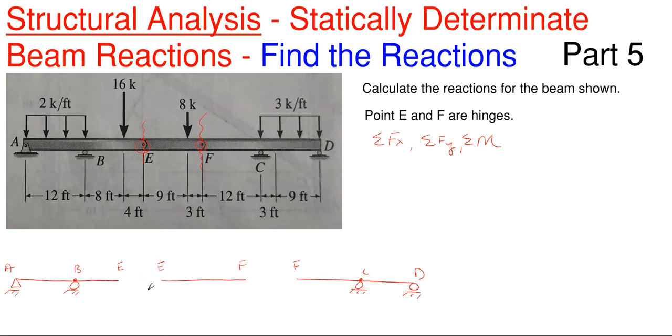The one thing you have to watch out for with a hinge, though, is that since this is the same point on this segment and this segment, the left and the middle, let's say we get a reaction here for our middle segment of 3 kips in the upward direction once we solve for that. Well, this magnitude over here on this side has to match that because it's at the same point. But the arrow direction has to be in the opposite direction when you go to the other member.